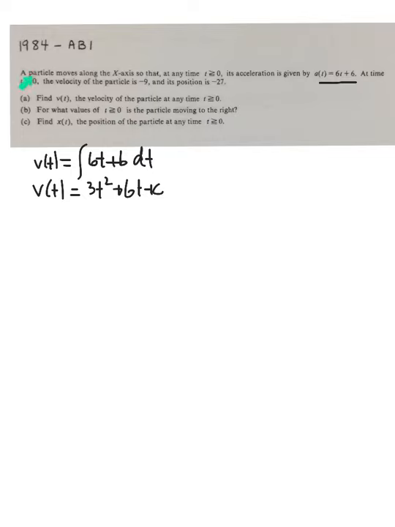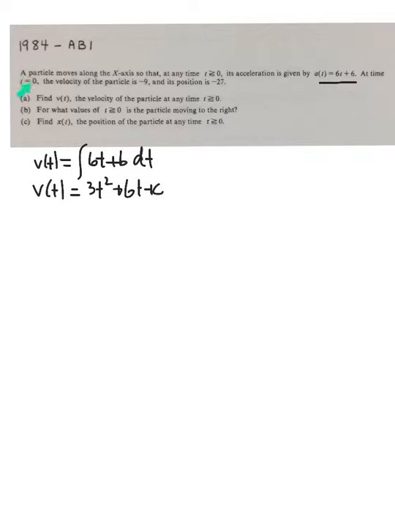Alrighty, so part A asks you to find the velocity, and we have an acceleration equation. So to find the velocity, we are going to integrate 6t plus 6 dt. Okay, so then we're going to get v of t equals 3t squared plus 6t plus c. Now let's see, they did give us a set of conditions here. They told us at time 0, the velocity is negative 9.